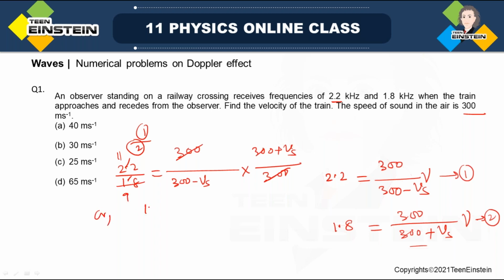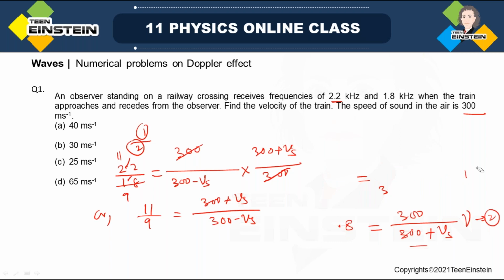So 11 by 9 is equal to 300 plus Vs divided by 300 minus Vs. Okay, now I'll remove these equations also.